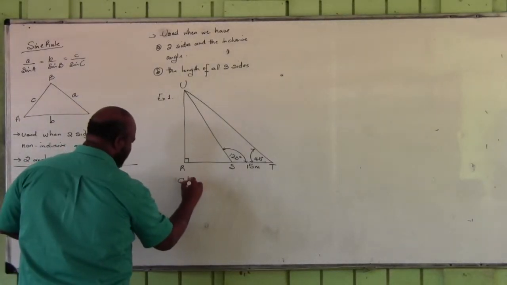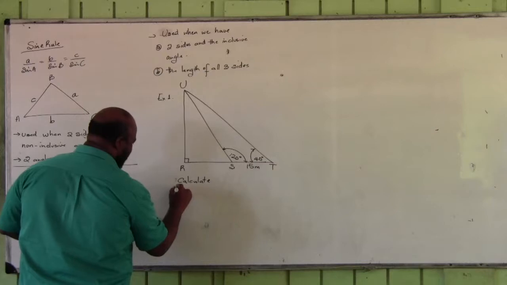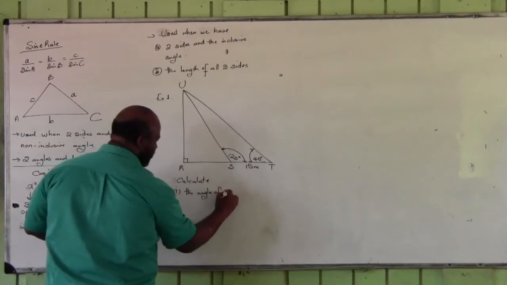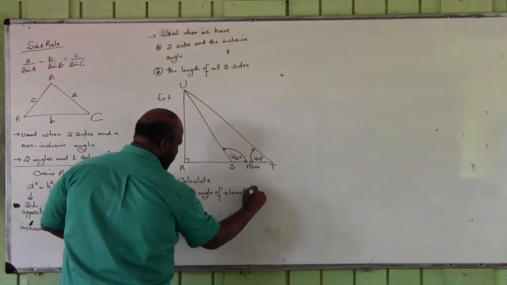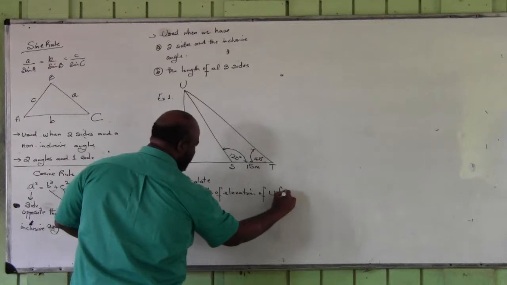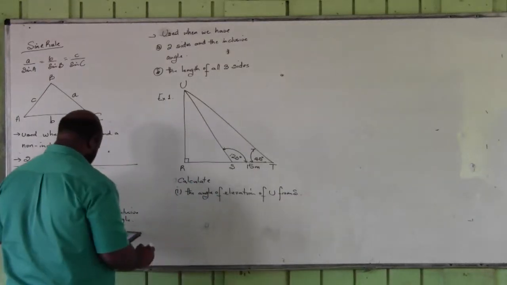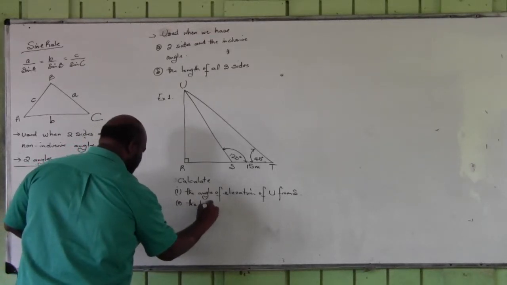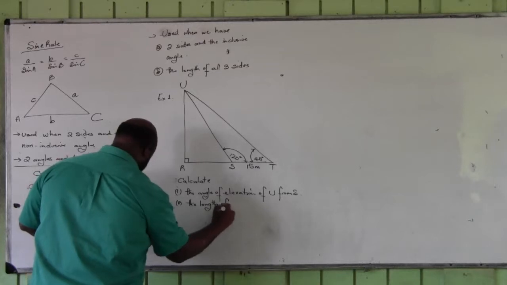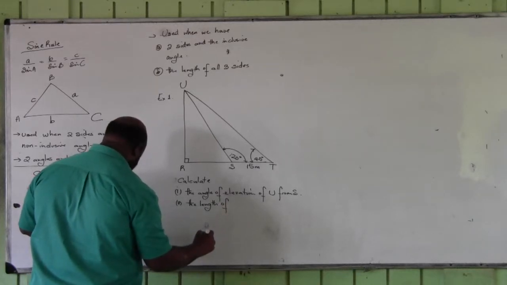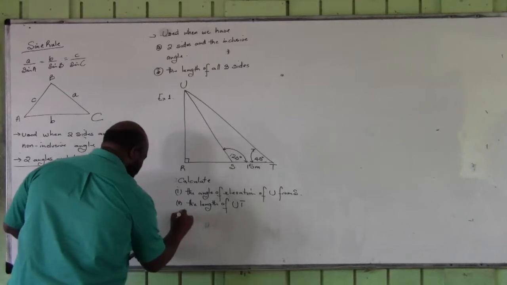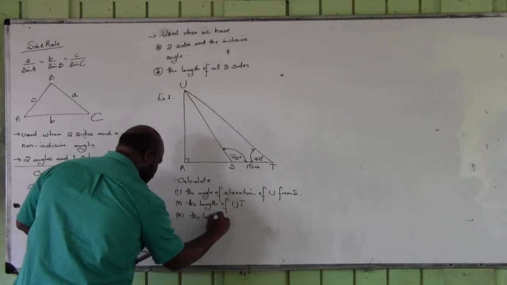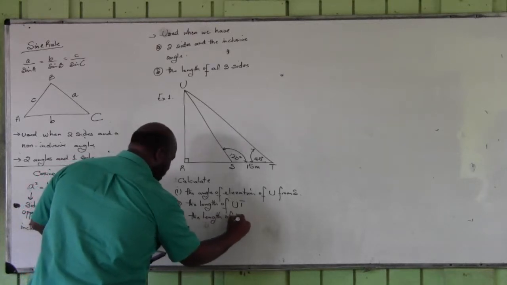We're to calculate the angle of elevation of U from S. Two, we're to calculate the length of UT, and three, we're to calculate the length of RU.